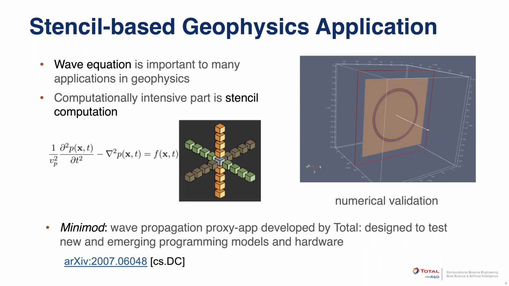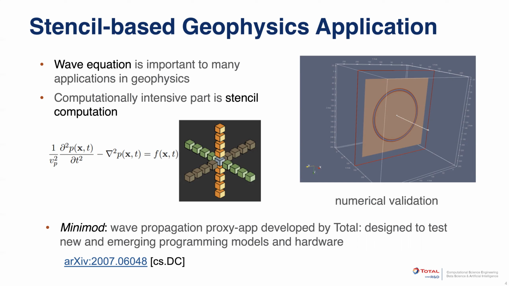In order to evaluate those new software and hardware approaches, we developed a proxy application suite, namely Minimod. Minimod implements seismic modeling with different approximations of the wave equations. It is easy to build and port to the state-of-the-art programming models.